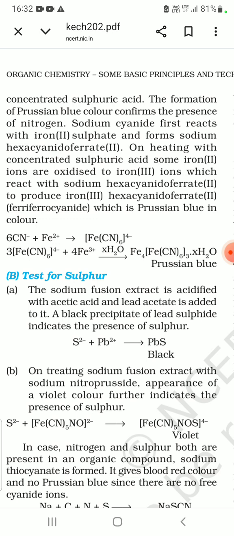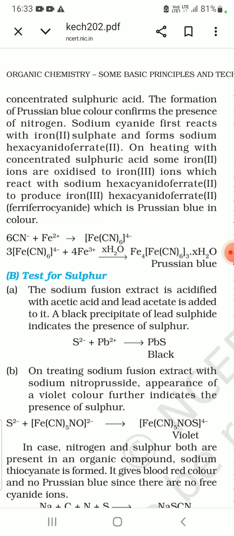Sulfur plus [Fe(CN)5NO]2- gives [Fe(CN)5NOS]4-, which is violet in color.